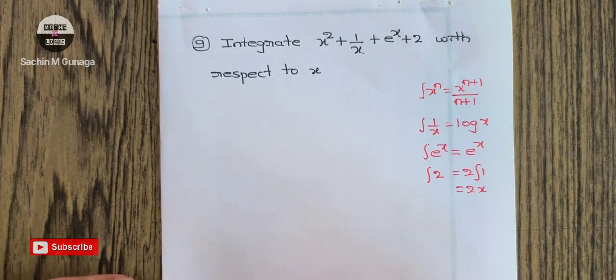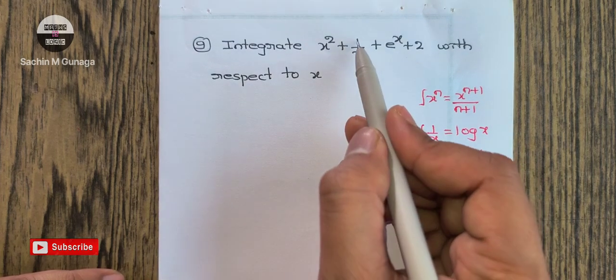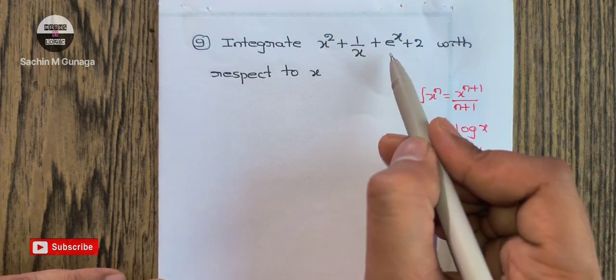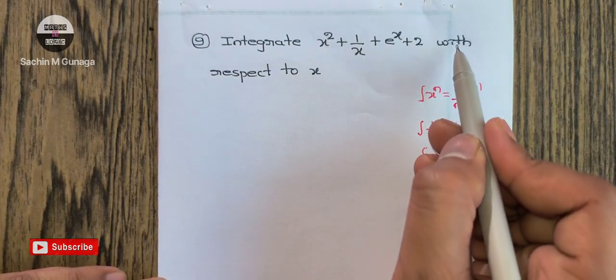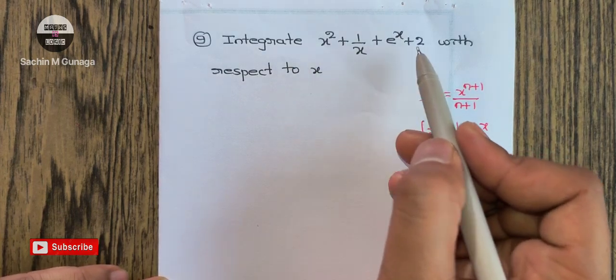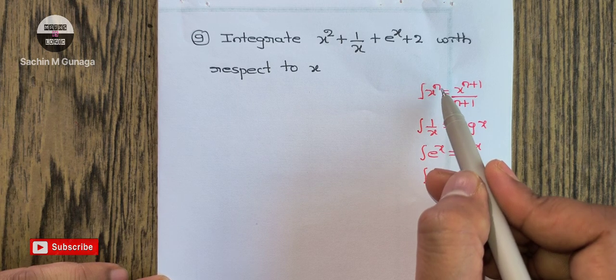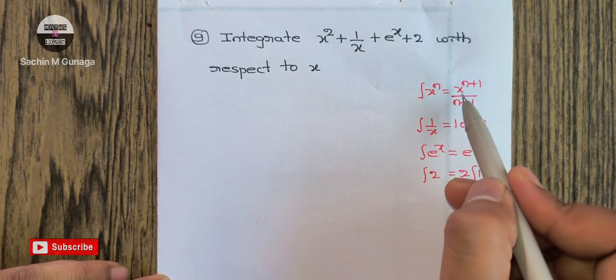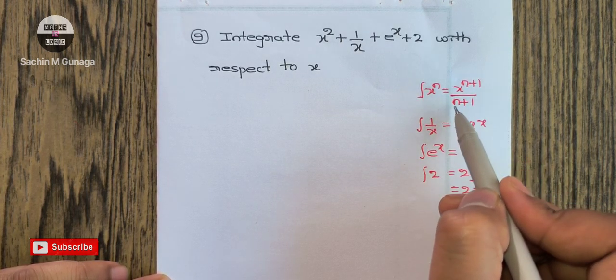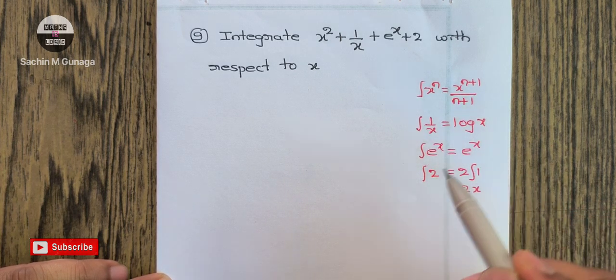Next, question number 9. Integrate x squared plus 1 divided by x plus e power x plus 2 with respect to x. If you want to integrate this given function, we should know the integration of x power n. X power n integration is x power n plus 1 divided by n plus 1. 1 divided by x integration is log x.